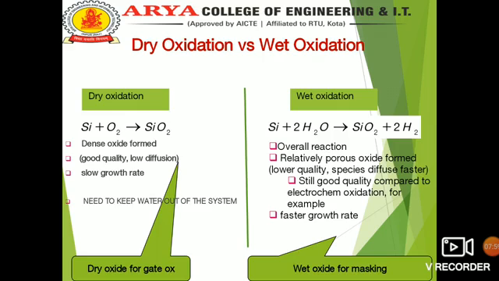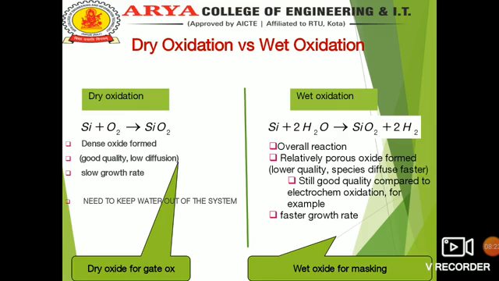Dry oxidation is used for gate oxidation. And in wet oxidation, silicon reacts with water and will produce SiO2 and hydrogen.